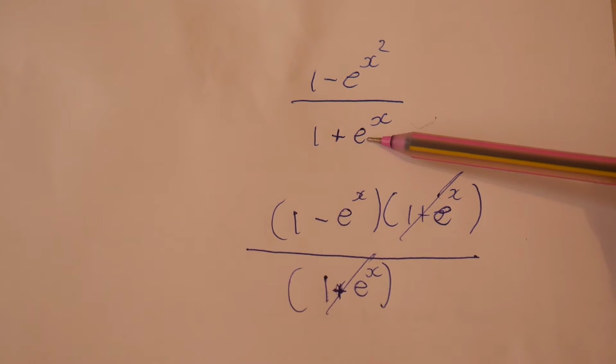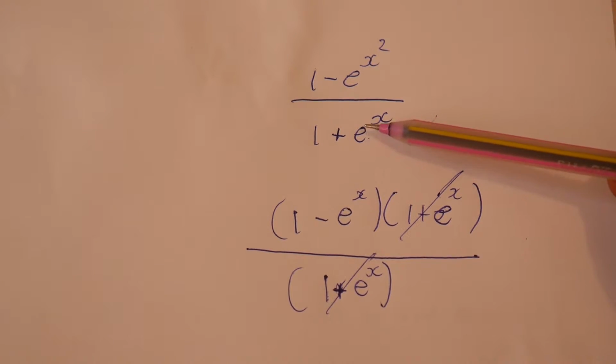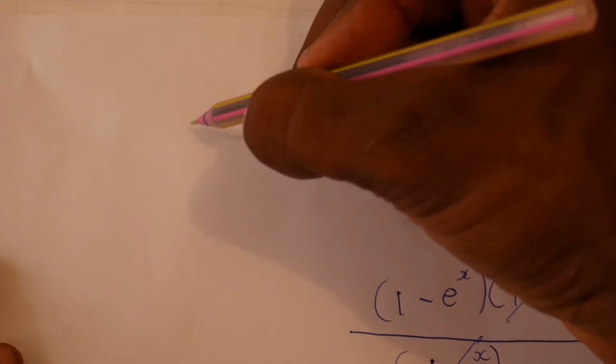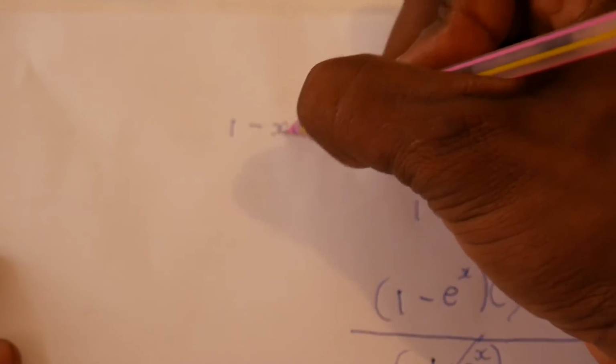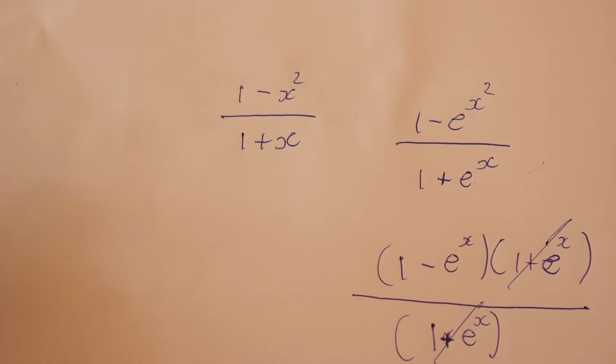Now, it could be a letter. Well, this is practically just a number. It could be a variable, I should say, like x, 1 minus x squared. Like, for instance, if I have 1 minus x squared over 1 plus x.